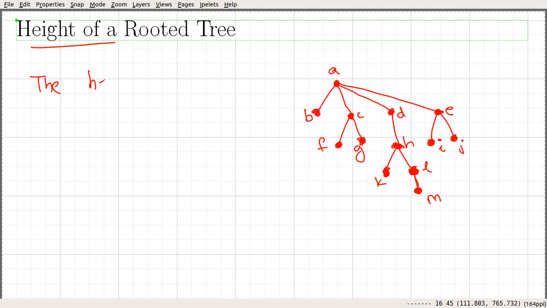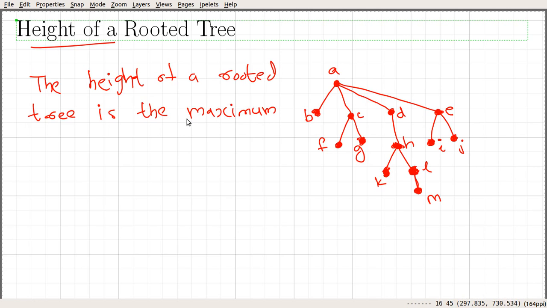The height of a rooted tree is the maximum of the levels of the vertices.